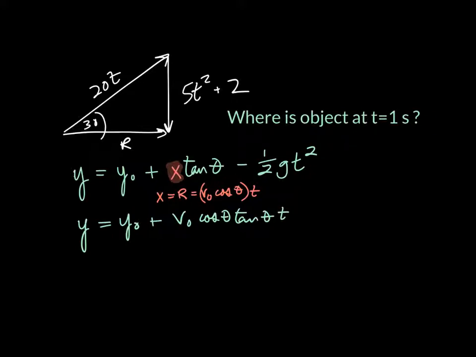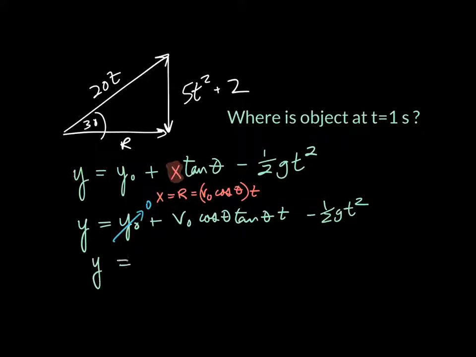And our t minus half gt squared. And this cosine times tangent works out nice. So by the way, since we're starting at ground level, initial y is 0.